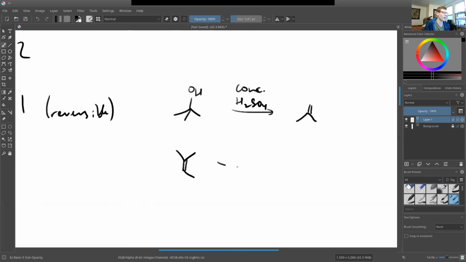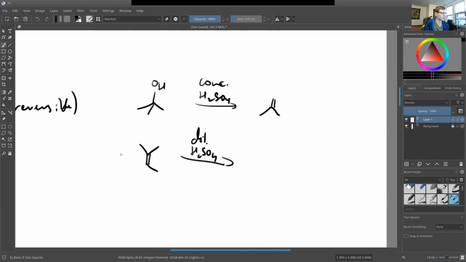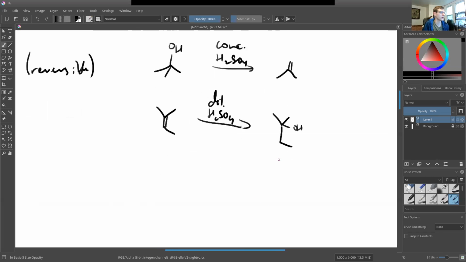And if we put it in dilute sulfuric acid, well, it's going to put an alcohol on there. In particular, it's going to put the alcohol on whatever carbon is more substituted. So in this case, we would get something that looks like this.